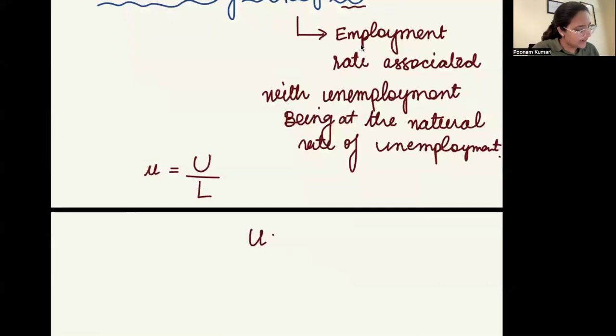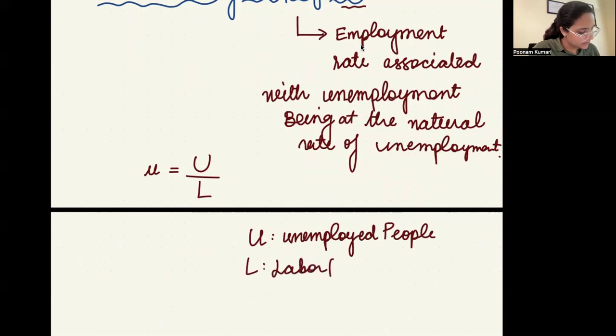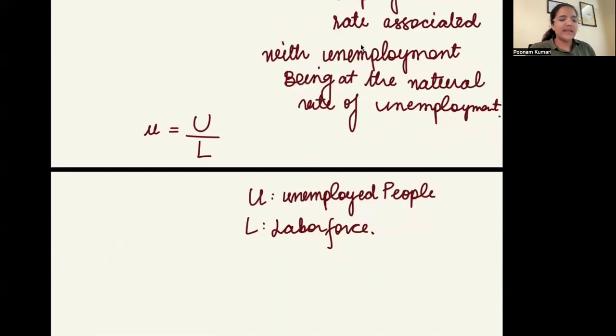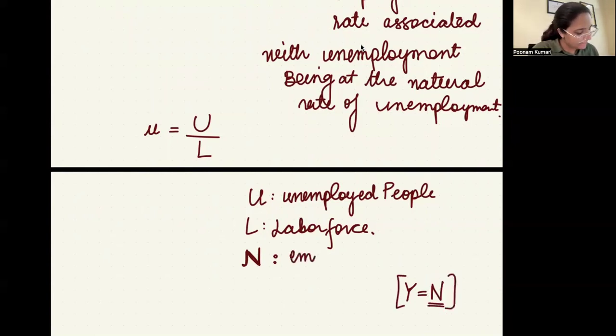So U means unemployed people, and L means the labor force. Then there are some people who are employed, represented by N. You remember when we said the production function is Y equals N? This N was the employed people.